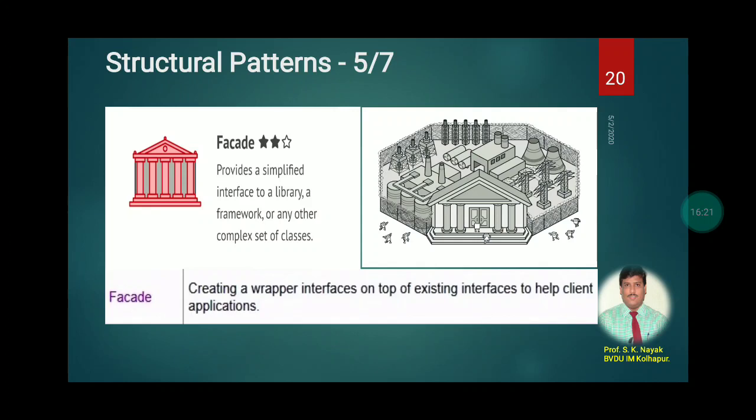So the user need not worry about the complexity, how it comes, how it is stored or how it moves from one place to another place. These are problems that cannot be observed by the client. So the facade will protect that, and it will make the interactions easier between the user and the system. So the facade will help in this regard. This is called the facade design pattern.